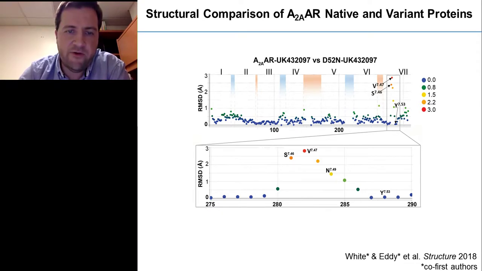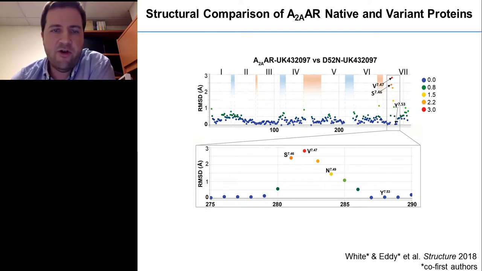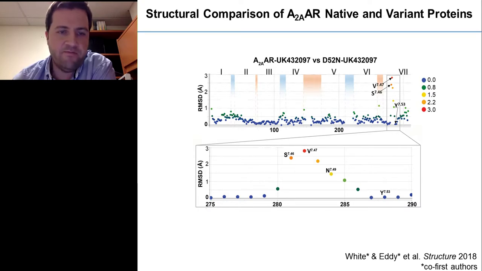So that's this residue serine 7.46 that you see, valine 7.47, and so on. There we see the largest structural deviations between the variant protein D52N and the native protein.